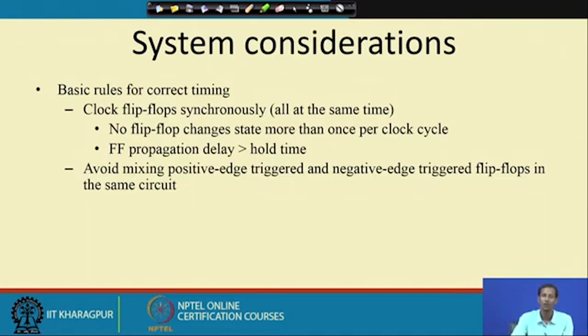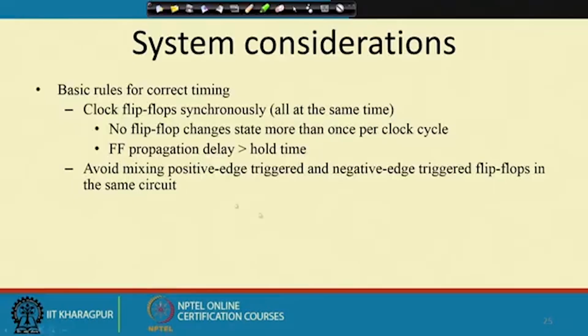So, what is synchronous design and what is asynchronous design? We will see that, and what the tips are for when to use a synchronous circuit or an asynchronous circuit. If we do not use them properly, what happens, that also we will see in today's class.